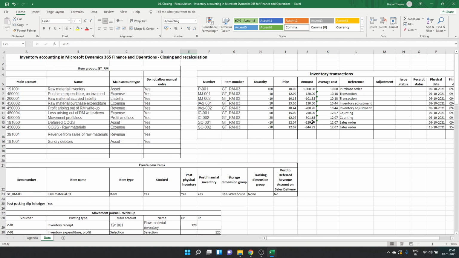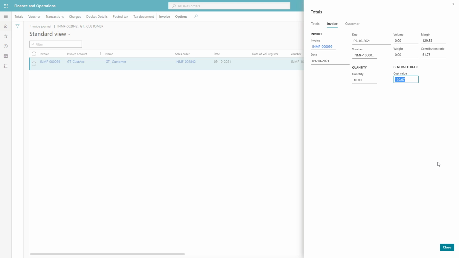So if we see, my sales price was 25 rupees per quantity, and I'm selling 10 quantity, so it becomes 250. My landed cost will be 120.67. Now if I calculate the margin, 250 minus 120.67, it will be my margin.